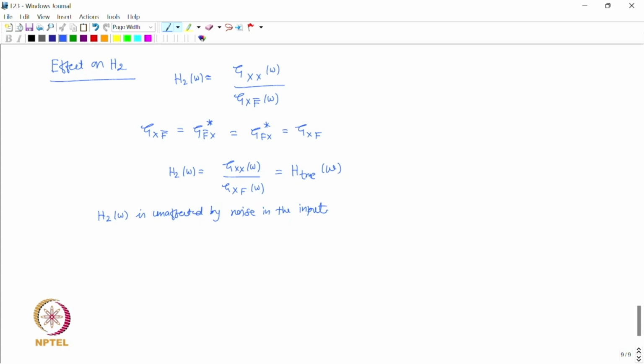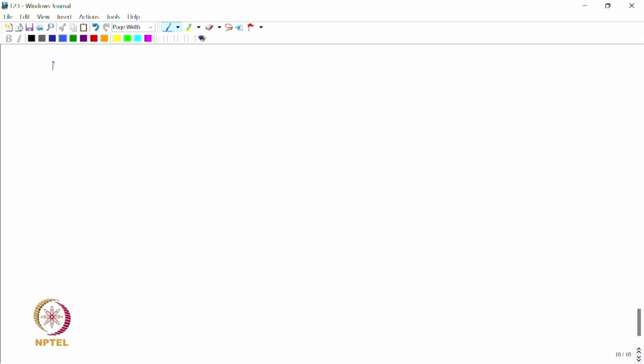Now, let us take the situation where the noise exists in both input and output, right. Let us try to depict this situation through a simple figure.